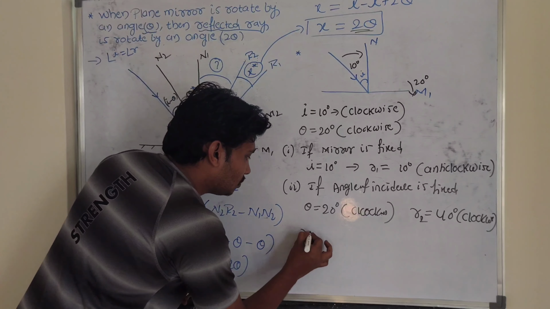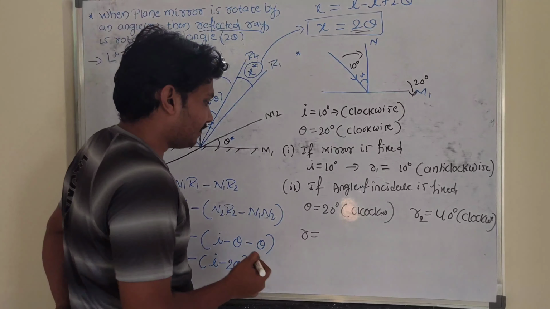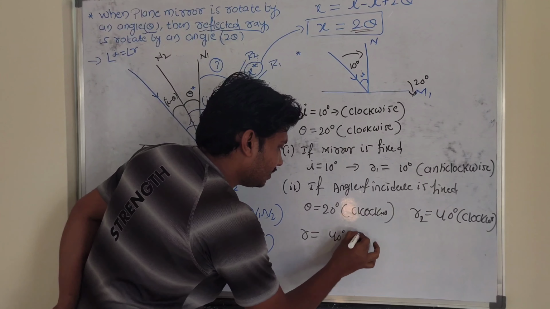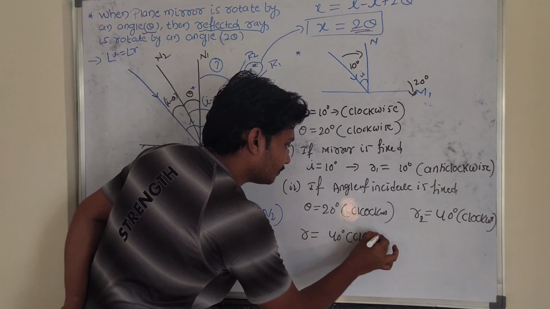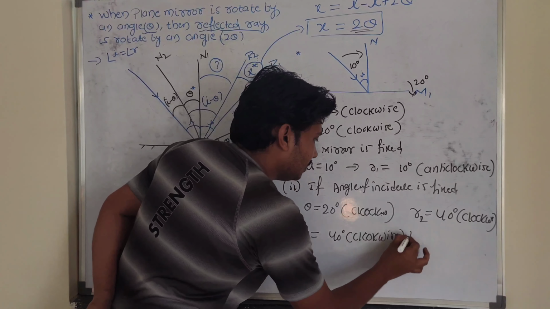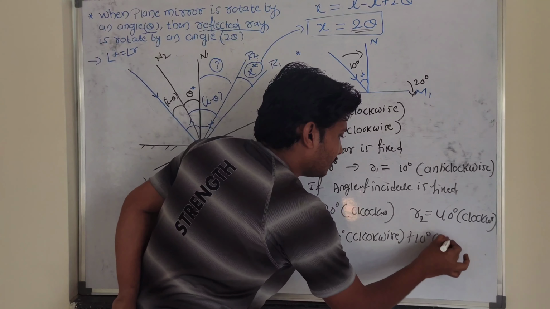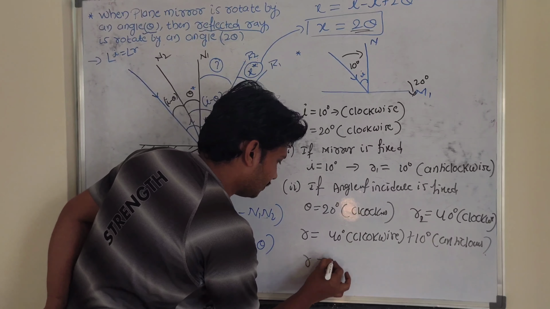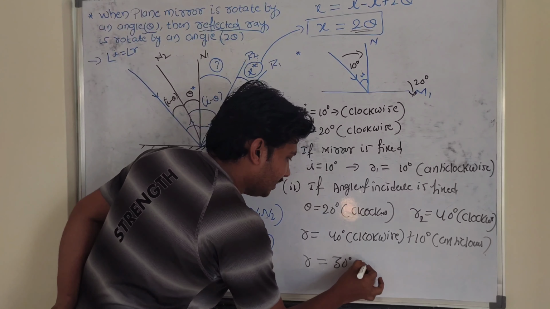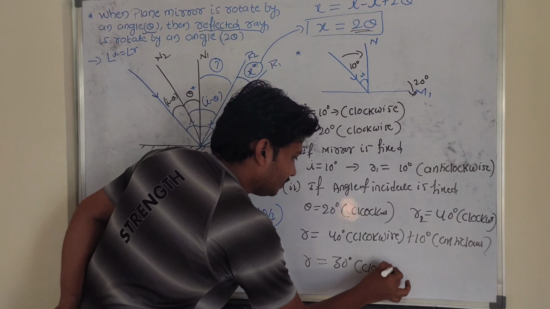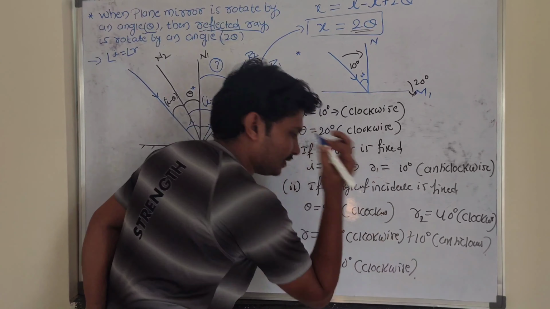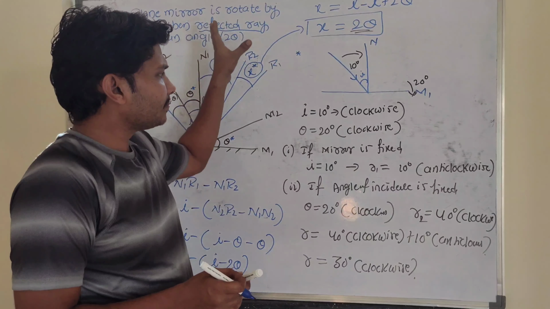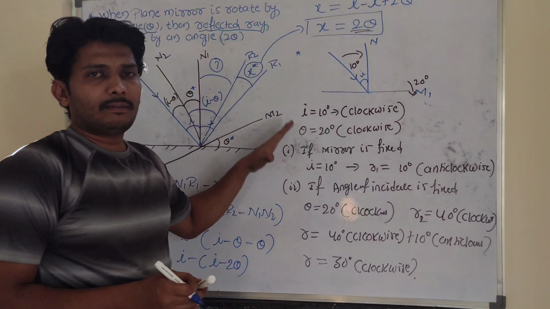Then the total reflection is 40 degree clockwise plus 10 degree anti-clockwise. So the total is 30 degree, and this 30 degree is in a clockwise direction. So these are the questions related to a mirror being rotated by a certain angle.